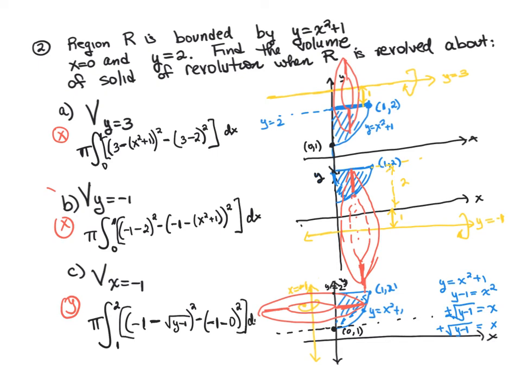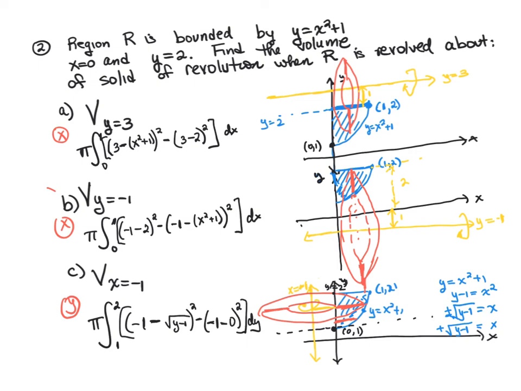If we look at that carefully, notice that this inner radius will always be 1, no matter where our vertical or horizontal rectangle is drawn. So that takes care of volumes of solids of revolution using the washer method about other axes.